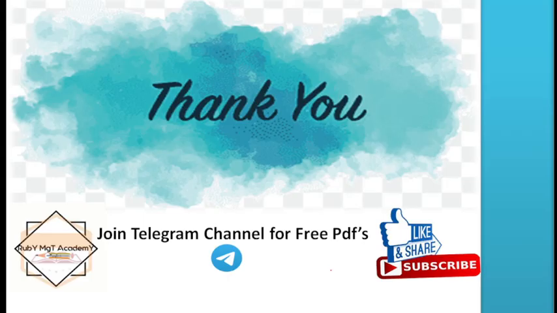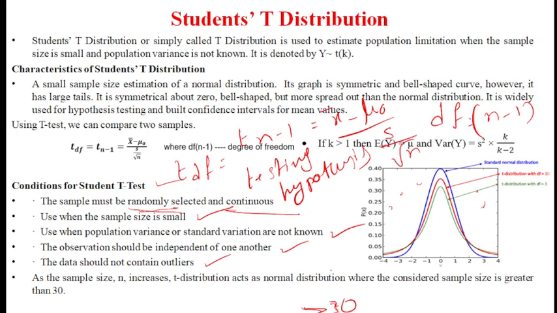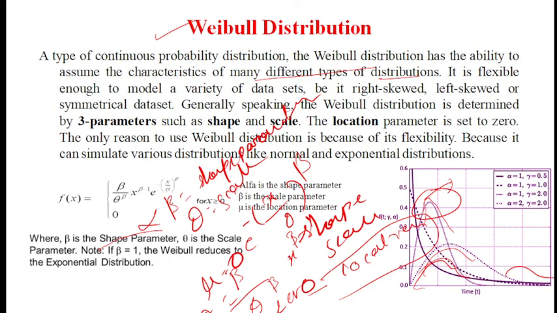Independent of each other. Before going to wind up, let us have a glance at what we have discussed in this video. We have discussed what is probability and the types of probabilities. Total 15 types of probabilities we have discussed. We have discussed the discrete distribution and continuous distribution.